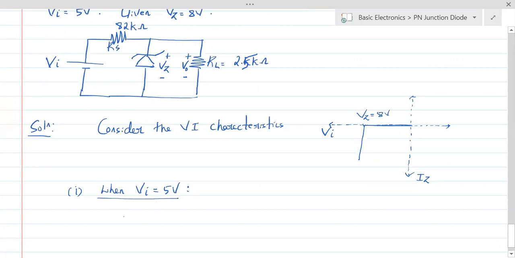Let's write that when Vi is less than Vz, what happens?